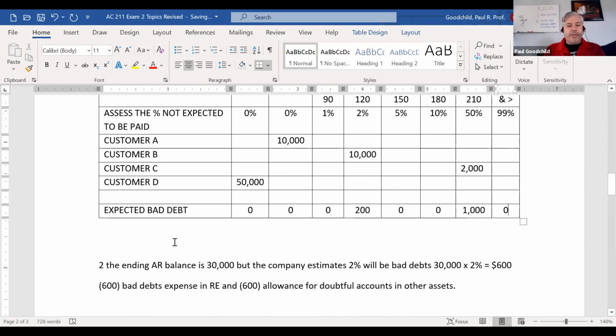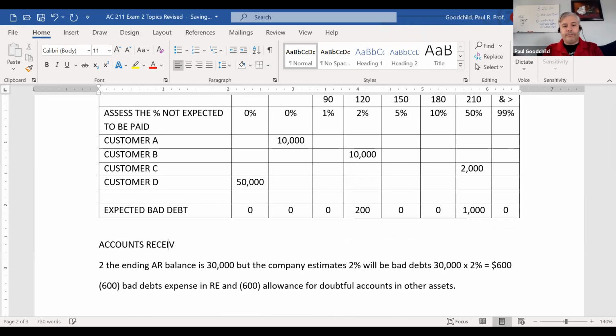So the way your receivables would be, it would be the 50, the 10, the 10, and the 2,000. So it'd be 72,000.